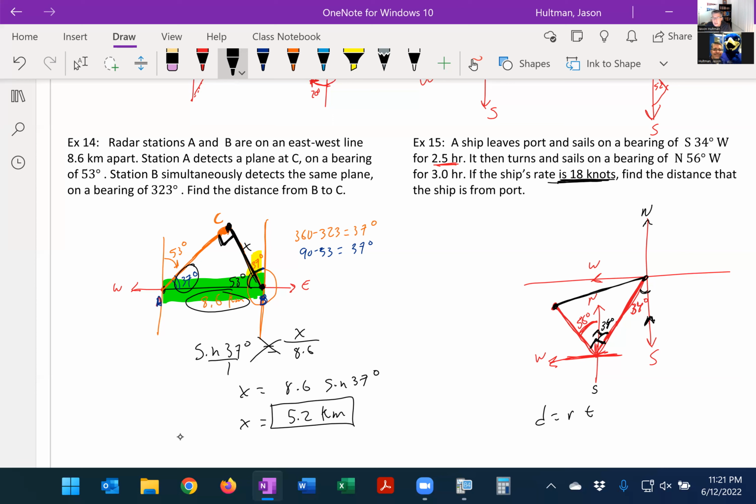Now, a knot is a nautical mile, which is different than a regular mile. A nautical mile is a little bit longer, simply because they don't use the mile that we think about when we're driving in a car, or walking on the land.